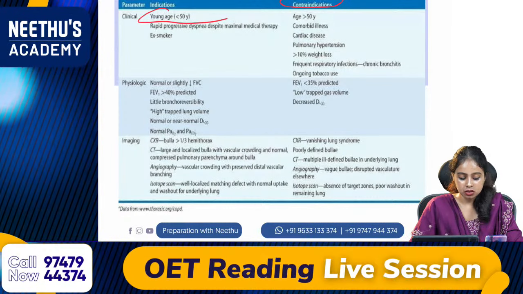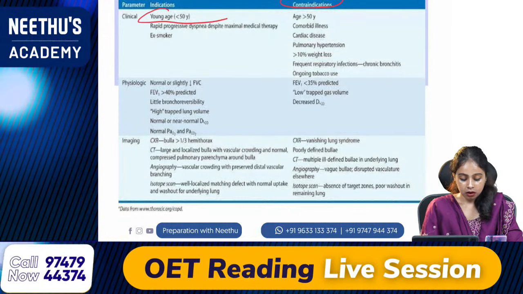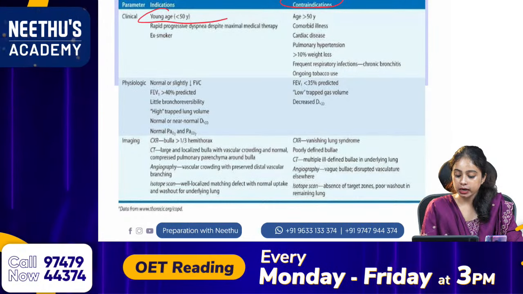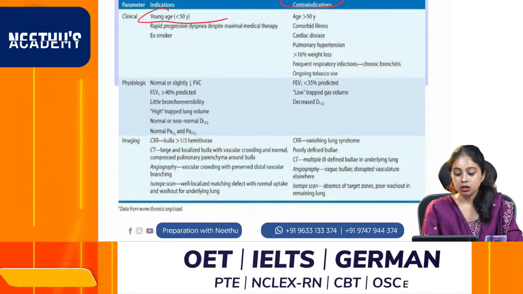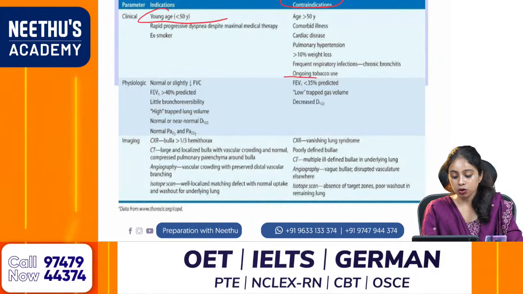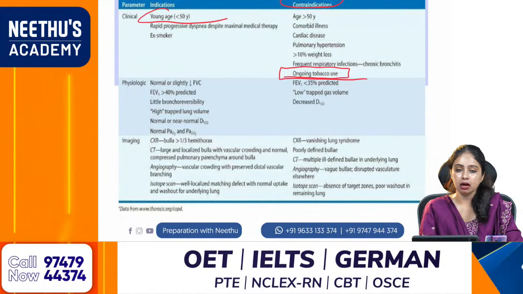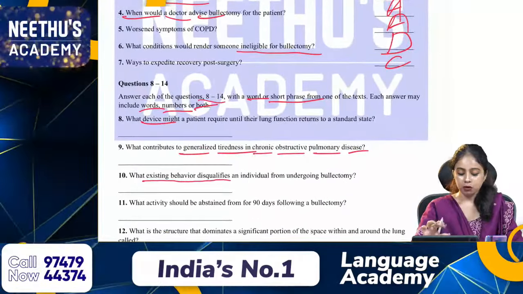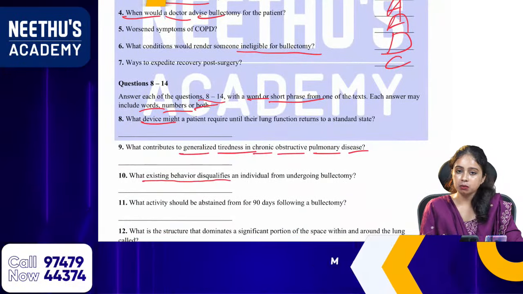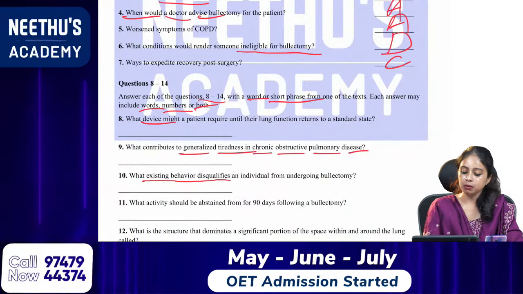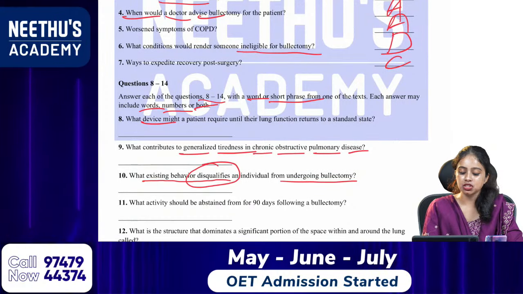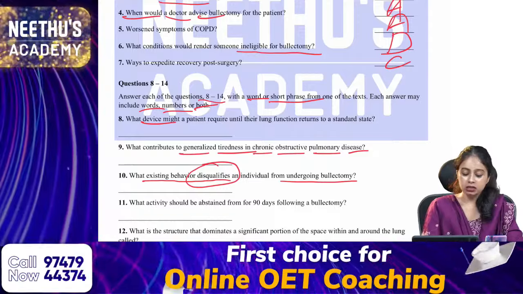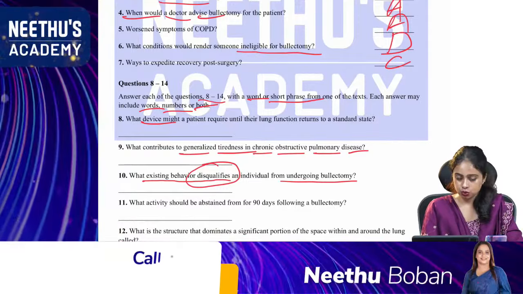So as you can see here, in the contraindications they have mentioned ongoing tobacco use, and that is the answer. So for the 10th question, the existing behavior that disqualifies an individual from undergoing bullectomy is in contraindications, right? So the answer is tobacco use.